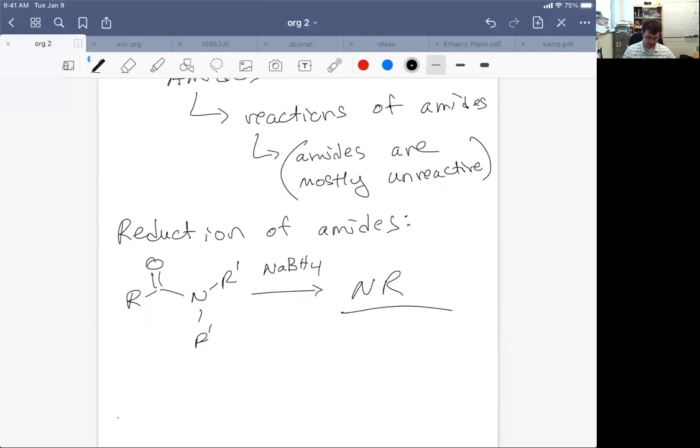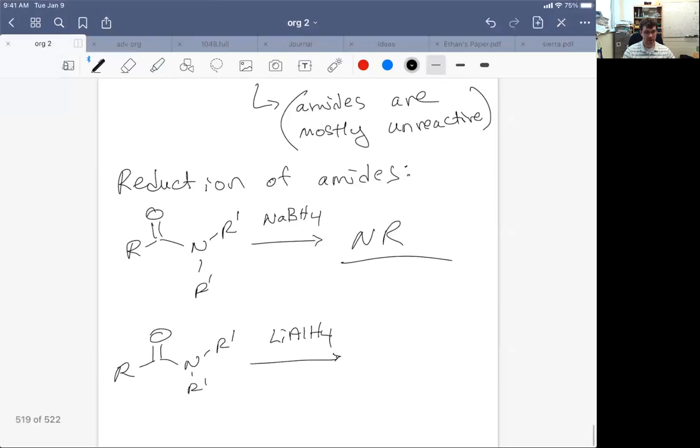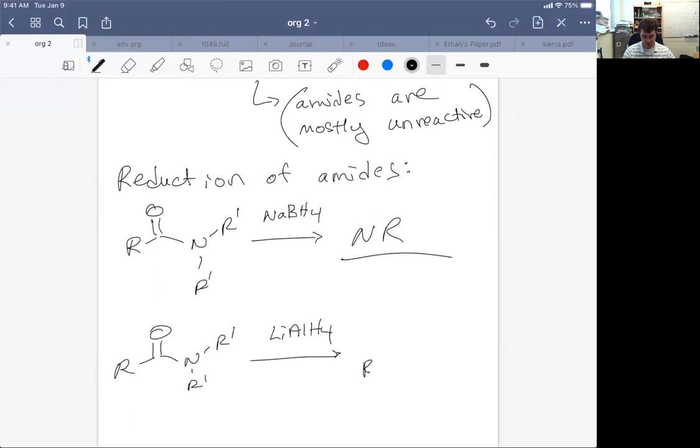Now, what about a more reactive reducing agent like lithium aluminum hydride? Ooh, actually here we do see a reaction. In this case, we convert our amide into an amine.